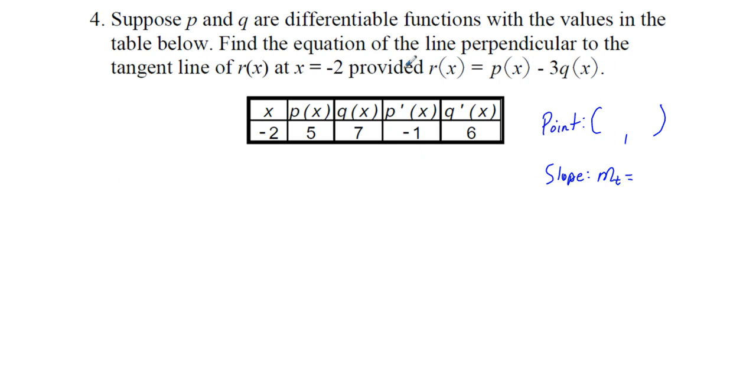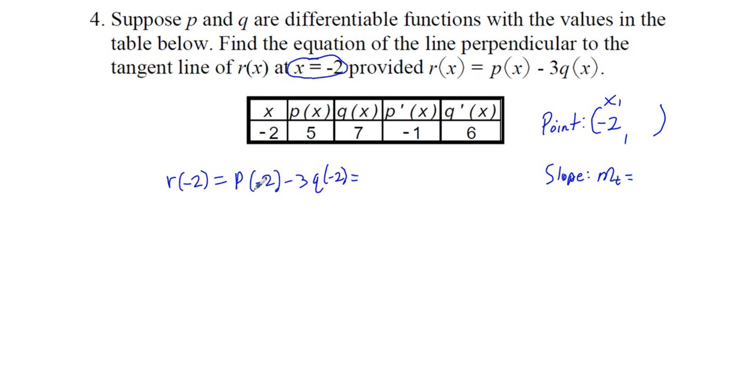Well, already we're seeing that x equals -2. That's what we're given. So in the point here, we'll put x equals -2. That's our x1. And our y1 we don't know yet, but we know that r of -2 is going to be equal to p of -2 minus 3 times q of -2.